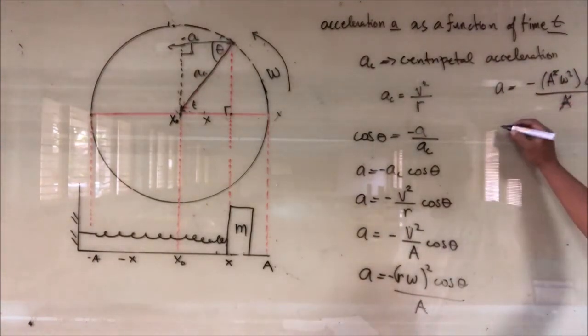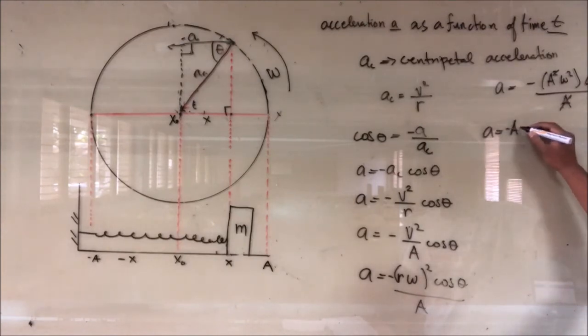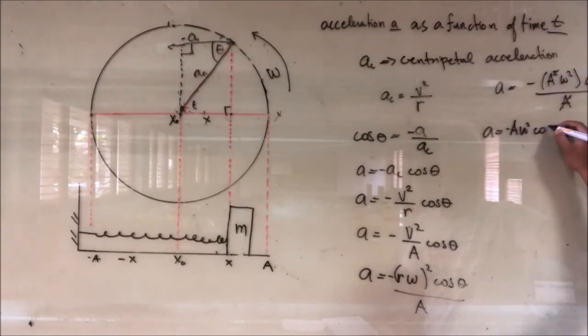So the acceleration is negative A omega squared cosine theta.